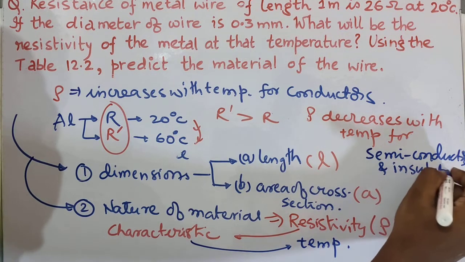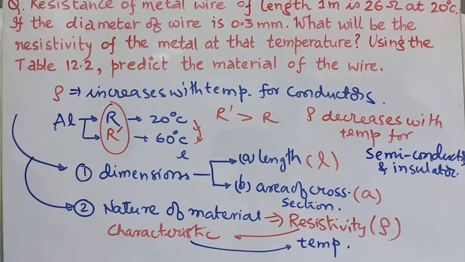Do you know why semiconductors are called semiconductors? Actually they are insulators at room temperature, but as I increase the temperature, they'll act like conductors at higher temperatures. That's why they are called semiconductors.